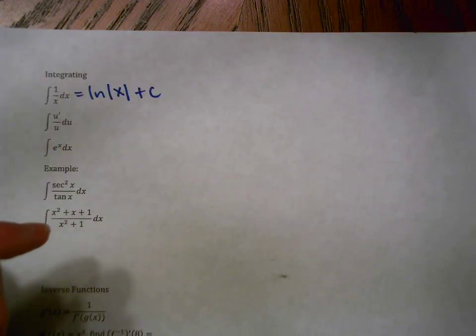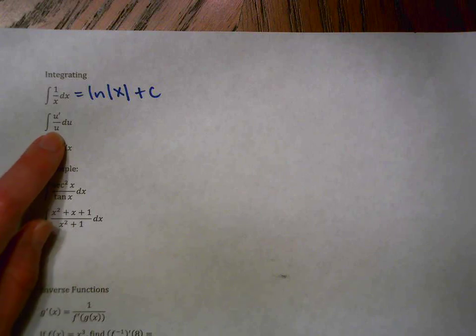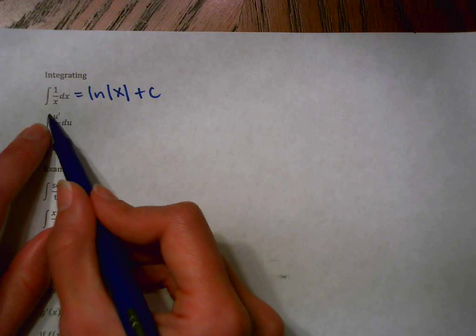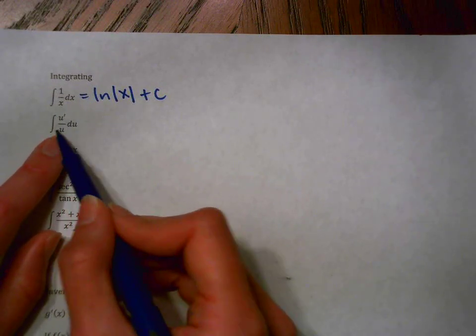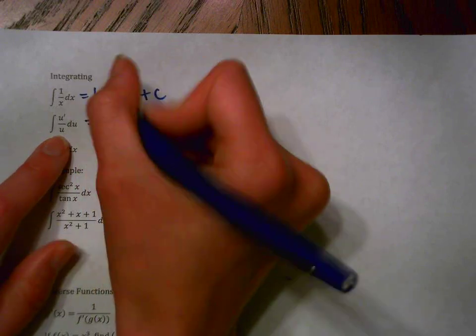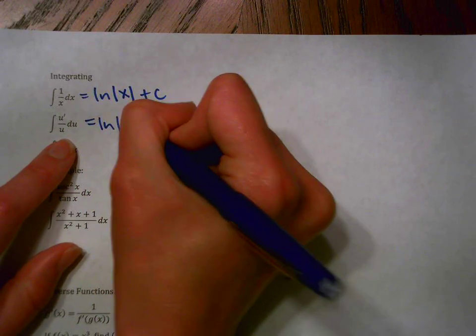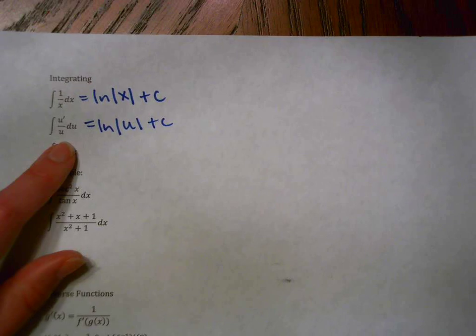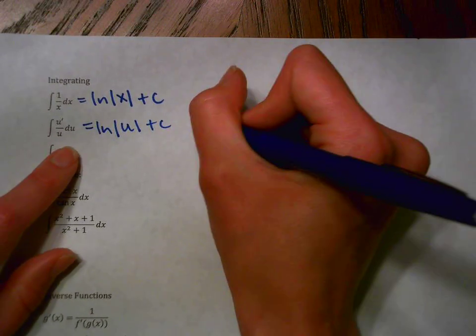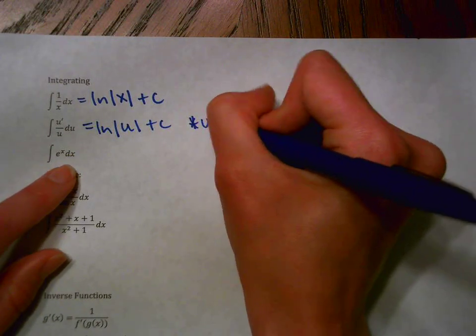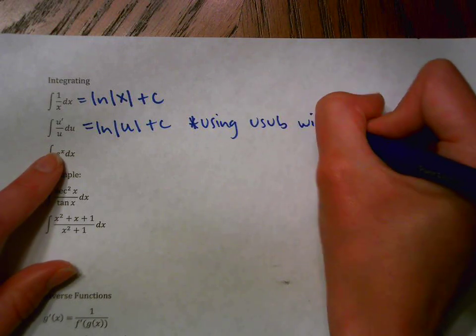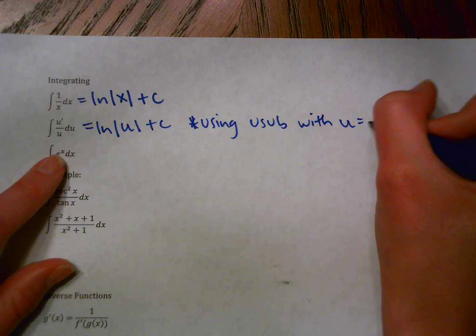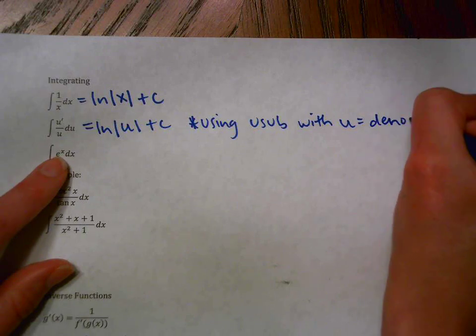And that means here, if you have the integral of the derivative of whatever you have on the bottom over what you have on the bottom, you would use u substitution here, but that's going to work out to be ln of the inside, and you would see that using u substitution with u equal to the denominator.